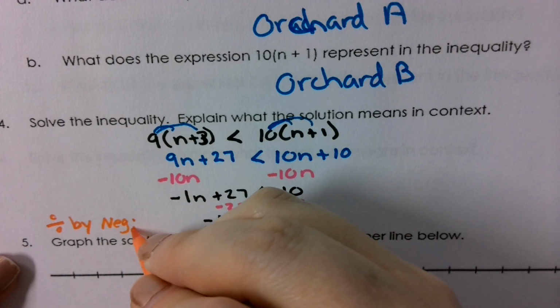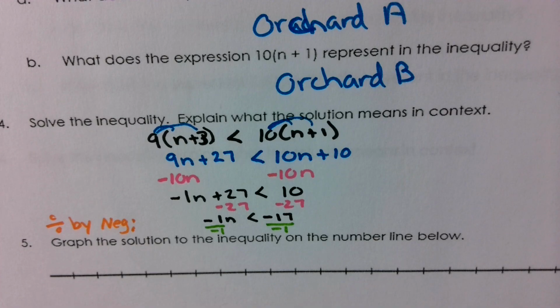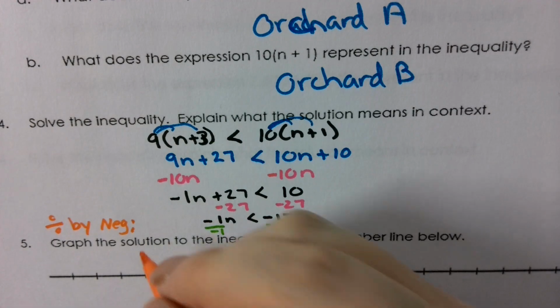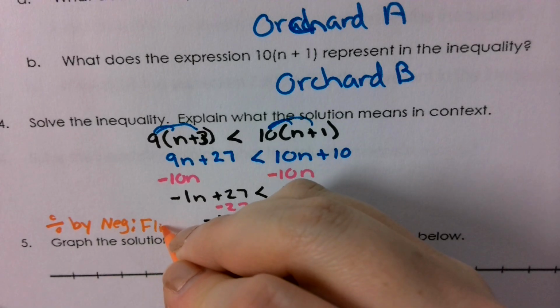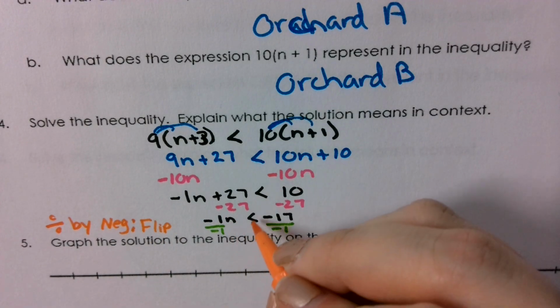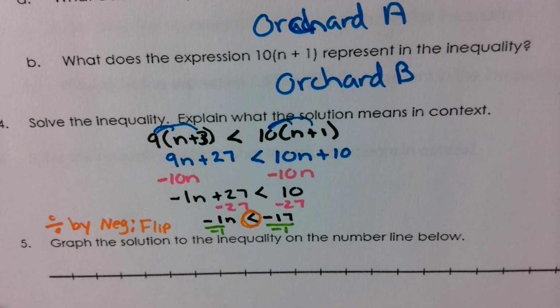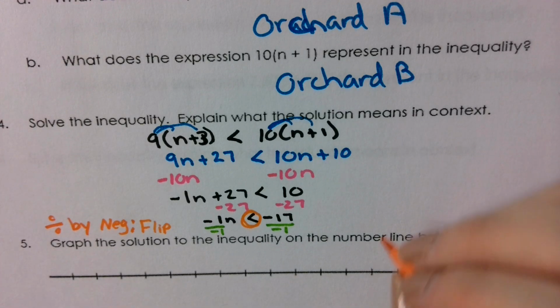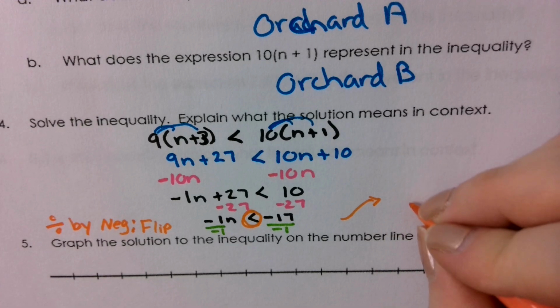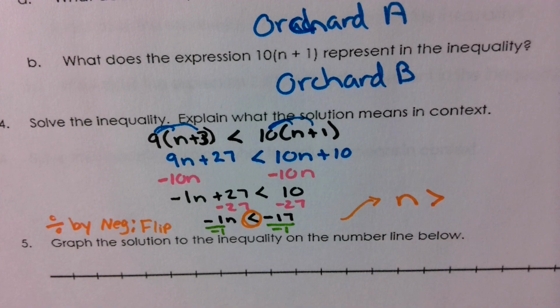So what does that tell me to do? Flip the inequality sign. This symbol that I'm highlighting right now in orange is going to flip and reverse. So that's going to give us n is now greater than a positive 17.